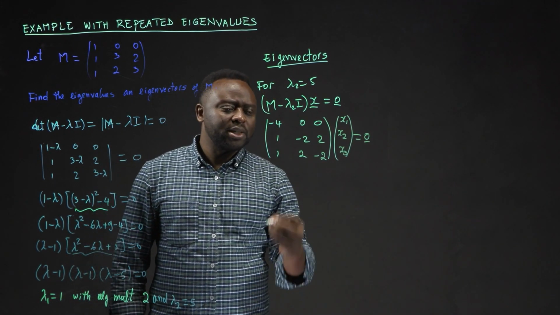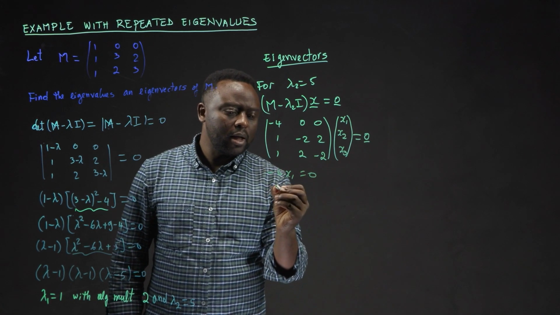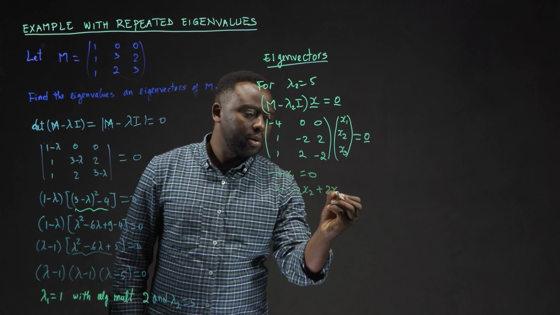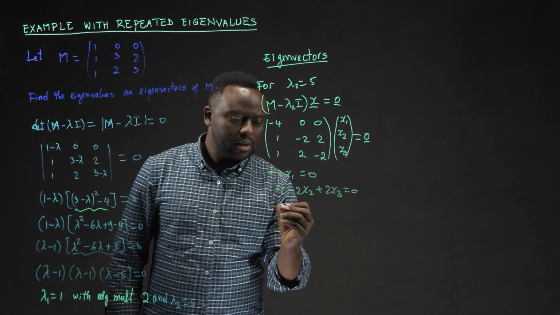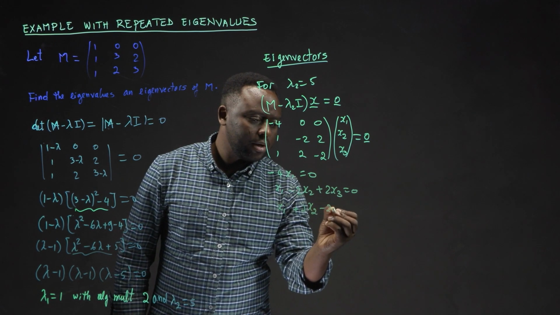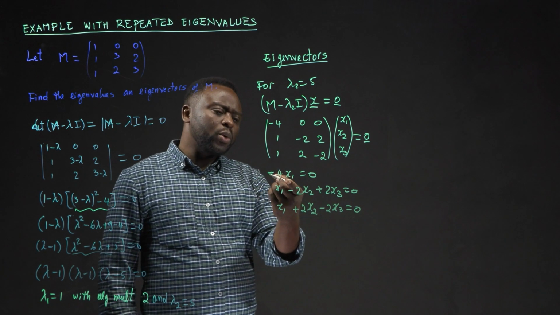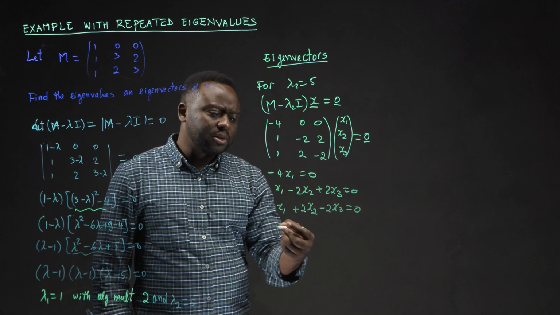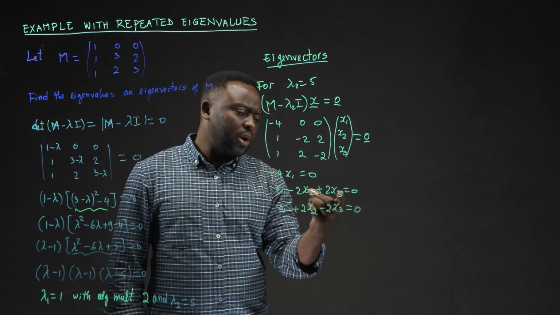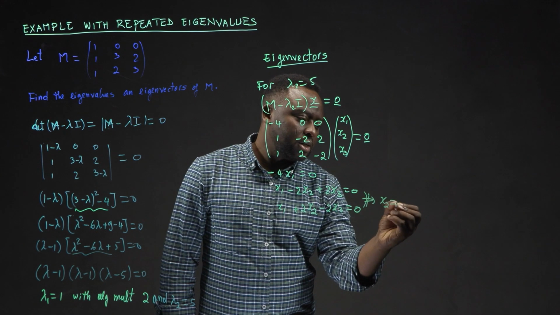Let's multiply this. We obtain minus 4x1 is equal to 0; x1 minus 2x2 plus 2x3 is equal to 0; x1 plus 2x2 minus 2x3 is also equal to 0. From the first equation, we see that x1 is equal to 0. If you substitute 0 here, we remain with x2 equal to x3. So x2 is x3.